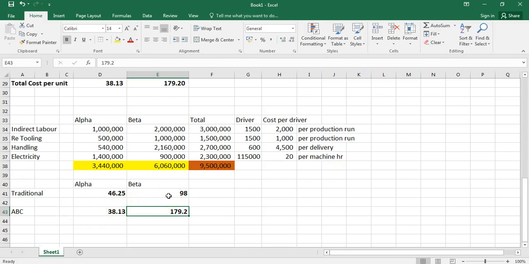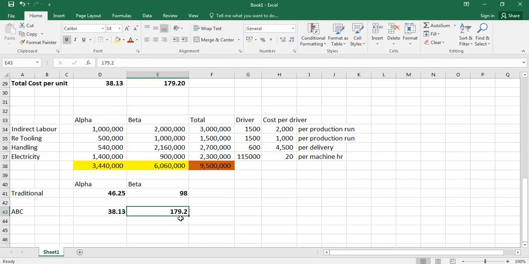Whereas the opposite is probably the case for your special order beta: you've undercosted. So you're probably charging too little in the market and actually making a loss, because the true cost is about €179.